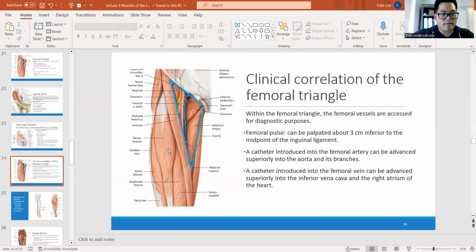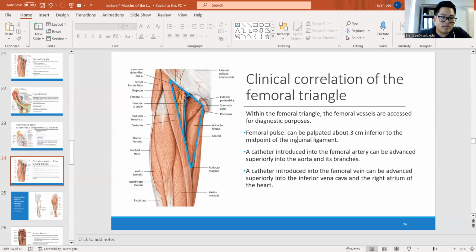Now, when we talk about the femoral triangle, there is another thing that we can bring up, which is that this is a very good place to find very large blood vessels. So the femoral artery and vein are somewhat superficial at least, which allows you to find your femoral pulse about 3 centimeters inferior or distal to the inguinal ligament.